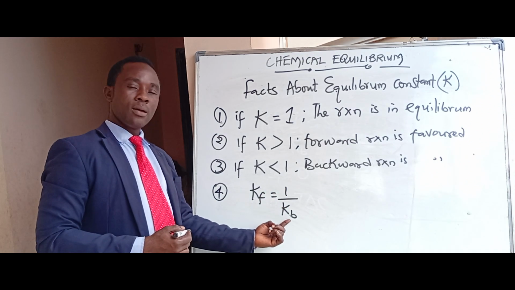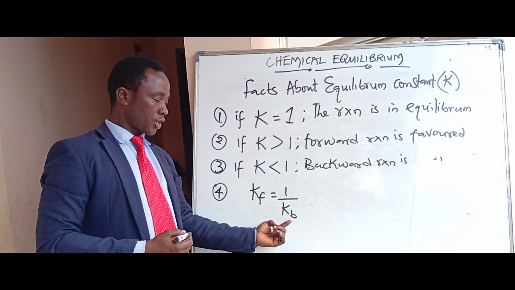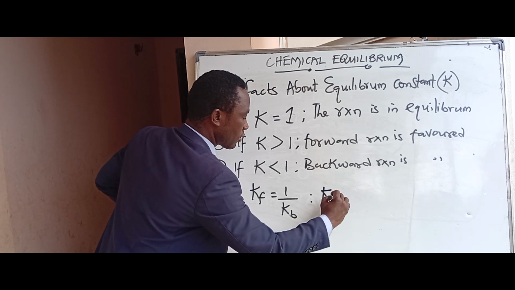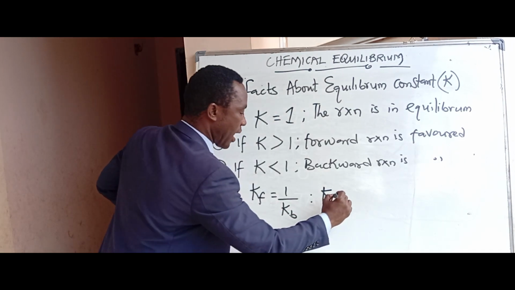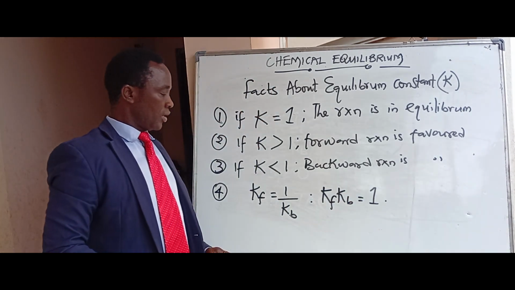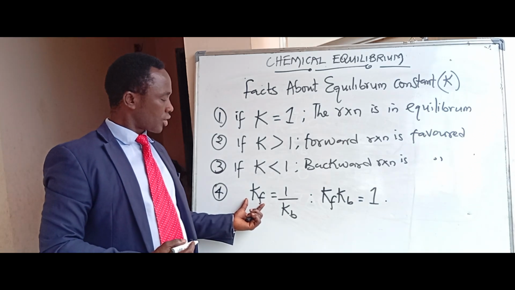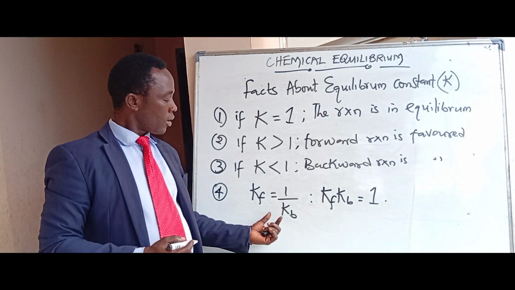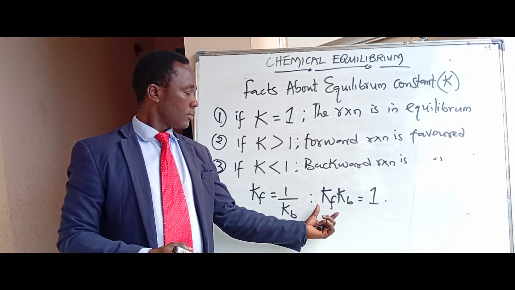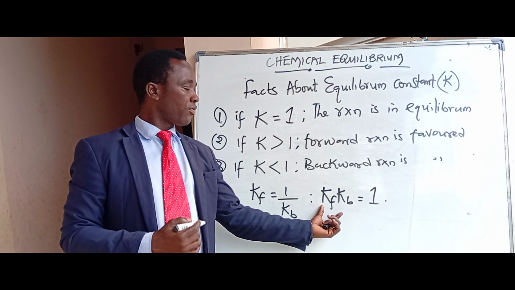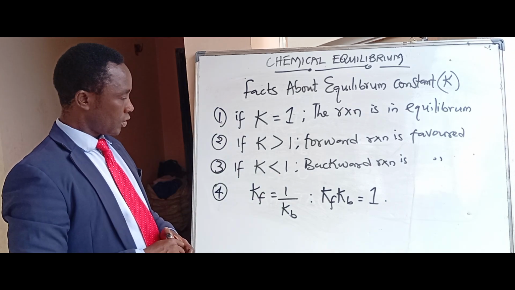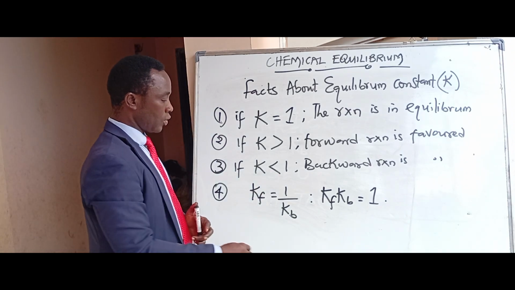If I cross multiply, you can see that the equilibrium constant of the forward multiplied by the equilibrium constant of the backward gives 1. So the product of the equilibrium constants of the forward and backward reactions is equal to 1. That is another thing we can learn concerning equilibrium constants.